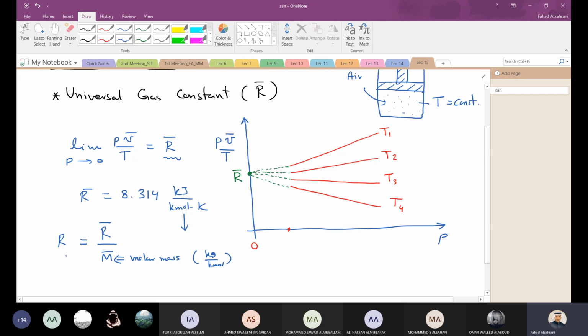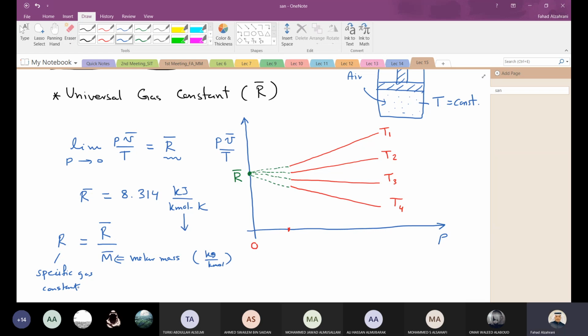the specific gas constant. What does that mean? It means this is specific to the gas itself, to the type of the gas.